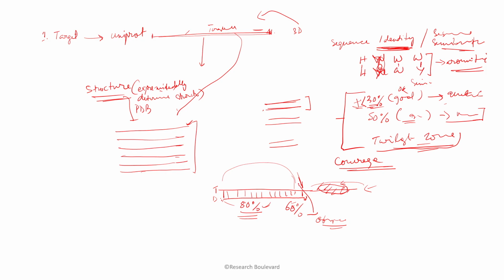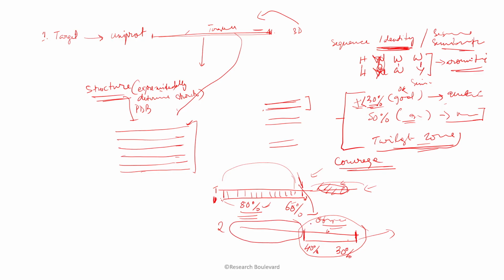So what you can do is look at other templates if they are present. This is the first template; you can look for a second template. Even if the second template has, let's say, 40% sequence identity, but it is able to cover the active site pocket, and even if it has lesser sequence coverage, say 30%, it's still logical to take this template to build the model.